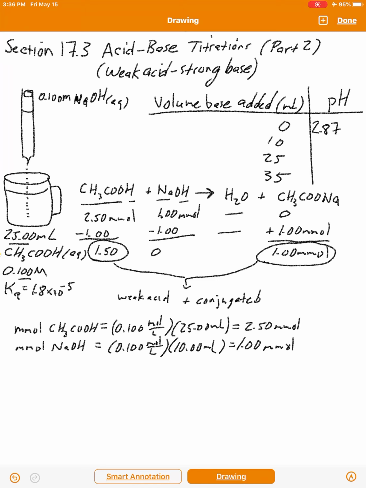So we ask ourselves, is there anything special about a solution that has a weak acid and its conjugate base? If you recall the discussion of buffers, a buffer is a solution that has a weak acid and its conjugate base present at the same time. So this is, lo and behold, a buffer solution.